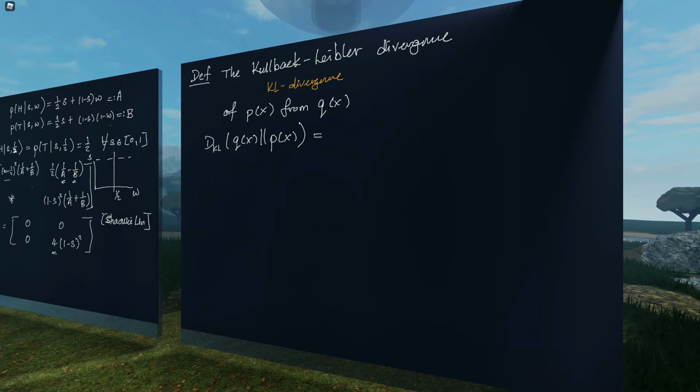It is equal to the expectation, taken over Q, the first distribution, of the following expression.